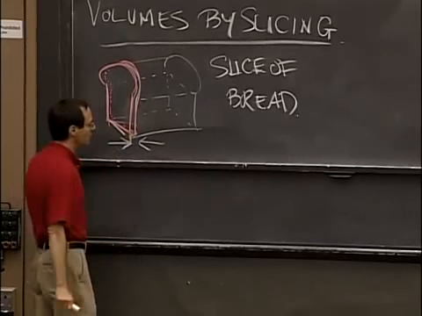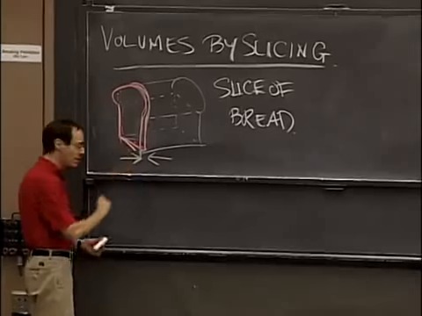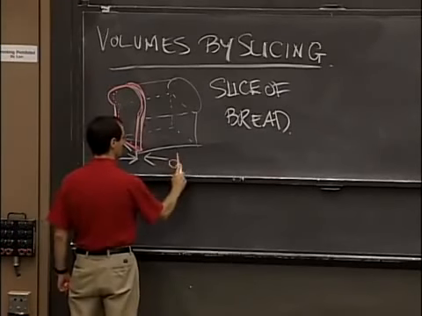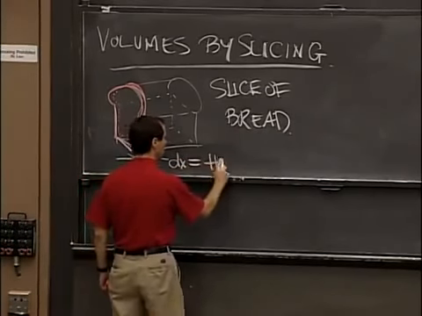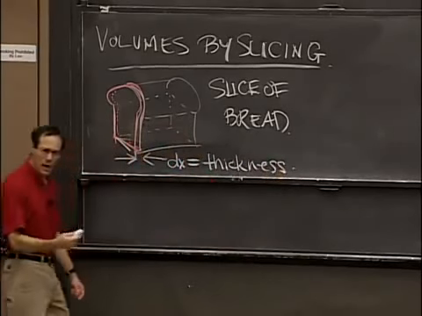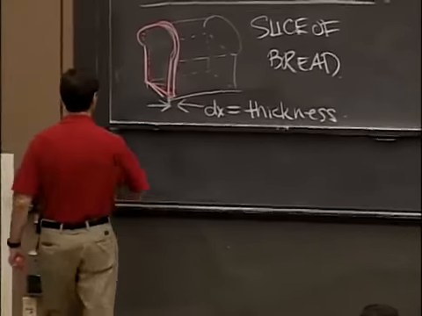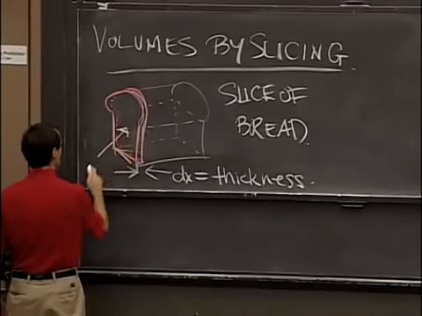So first of all, there's the thickness of the bread, which is this dimension. The thickness is this dimension dx here. And the only other dimension that I'm going to give, because this is a very qualitative analysis for now, is what I'll call the area.